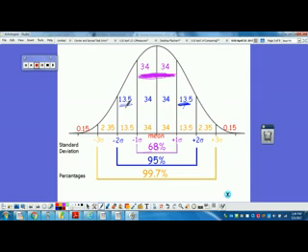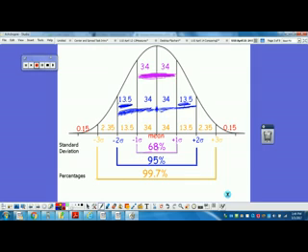Likewise, that must match on a similar portion of the curve here. So if I want to know how much data is between 2 standard deviations below and 2 standard deviations above the mean, I add all these percentages together. 34 and 34 is 68, plus 13.5 and 13.5 should give me 95%.